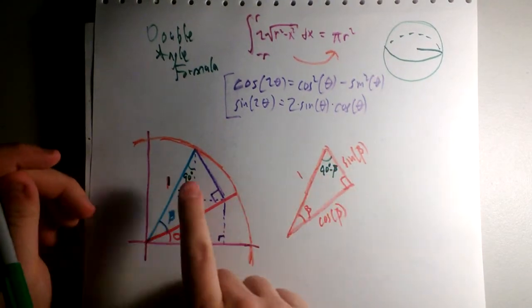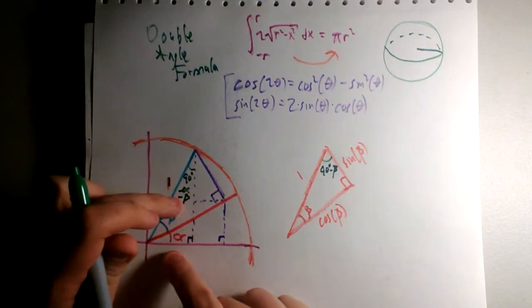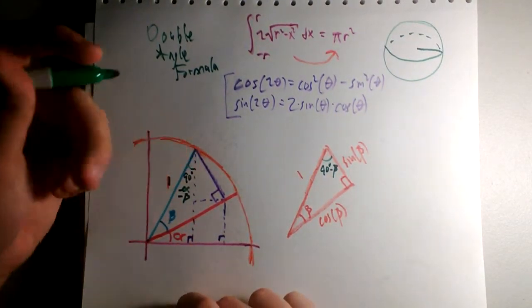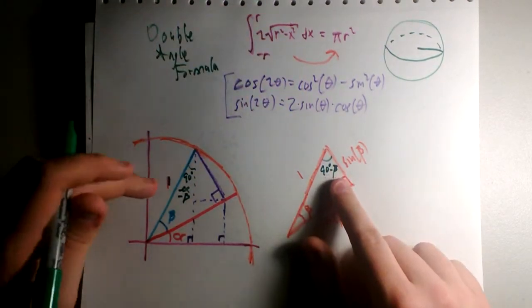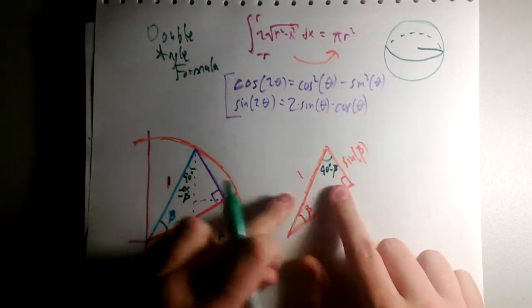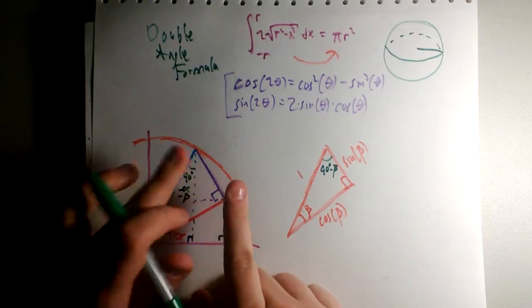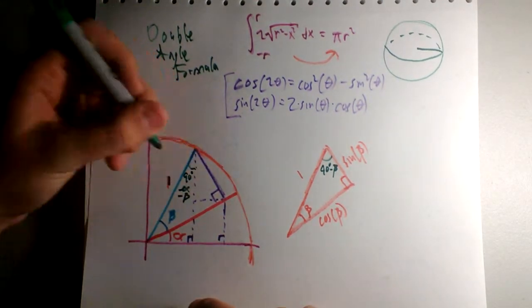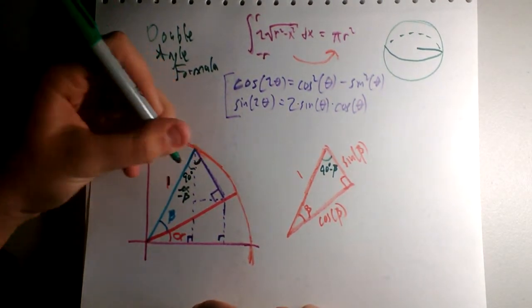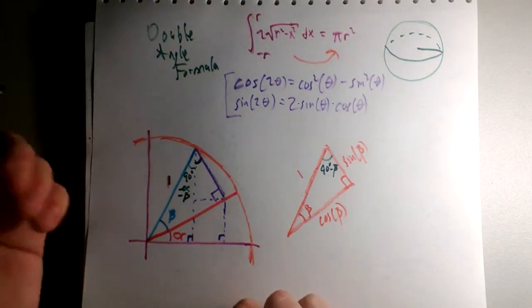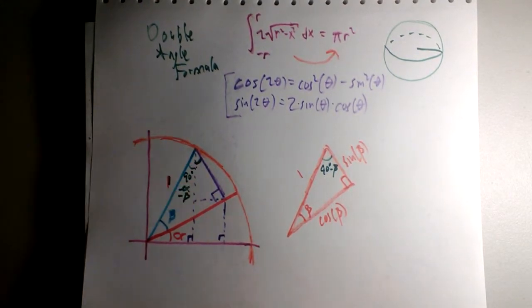If this is 90 minus beta and this is 90 minus alpha minus beta, then this is that whole angle. So if you take this and subtract this guy, then you should be left with what this angle is right here. Let's make it a little smaller so it stands out. So it's separate.